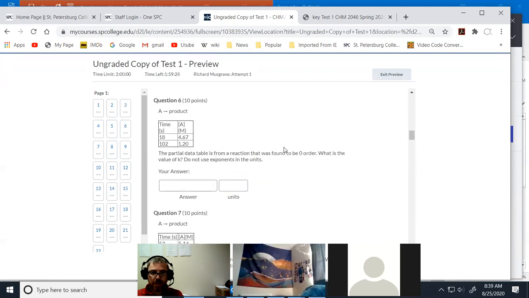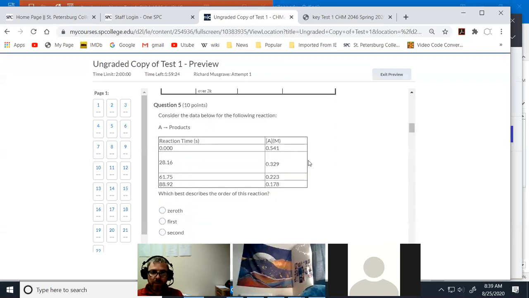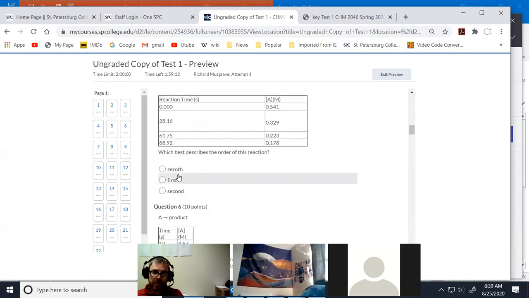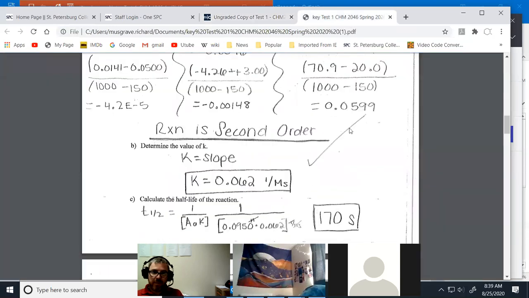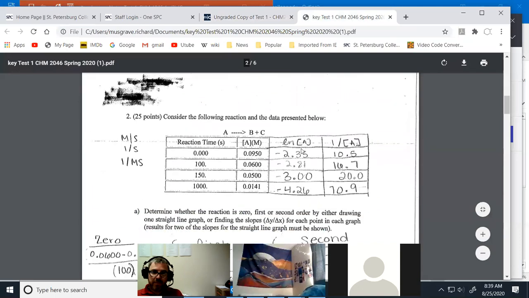All right, so let's take a look at each of these. So the first one, question 5, what you're looking at is reaction time in seconds and then these concentrations here. And your mission here is to figure out which order it is, and it's just multiple choice. Is it 0, first, or second? So how do you do that? You start off by doing this.